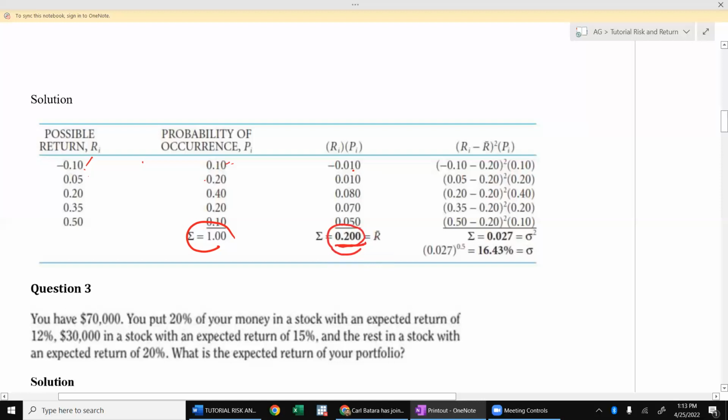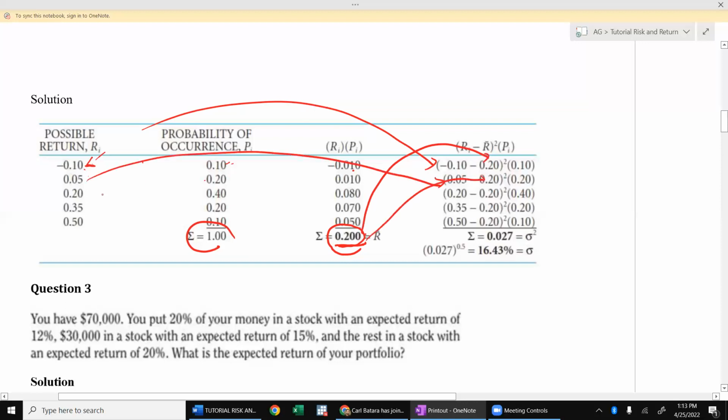But what is the risk? This is your expectation, so you simply subtract your expectation from the individual return. So this is negative 10% minus this 20%, then this 5% minus this 20%, then this 20% minus 20%, and so on.